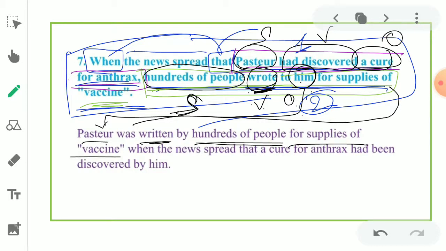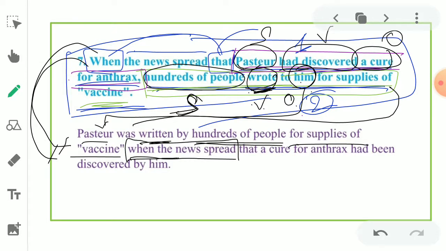After completing this part, I'll take the first part next. When the news spread, take it as it is, no need to change anything here. Then, that is used. A cure for anthrax.